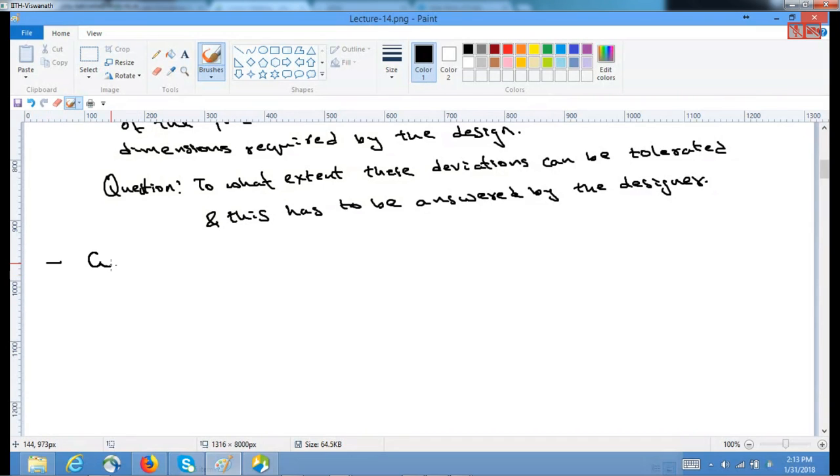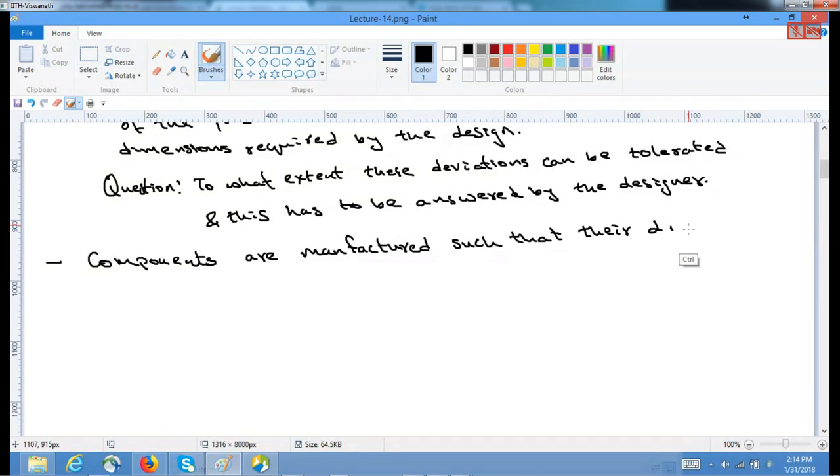So components are manufactured such that their dimensions lie between maximum and minimum limits.